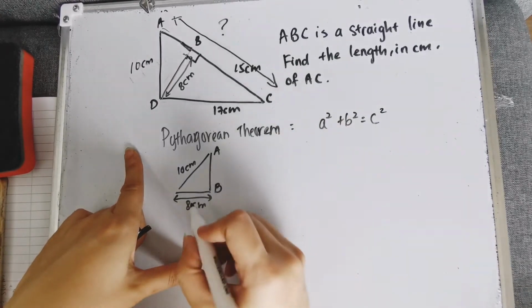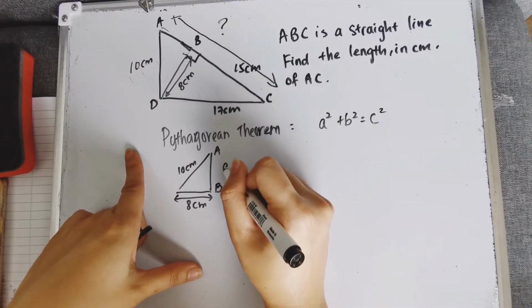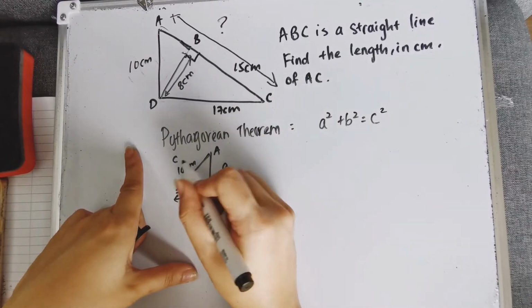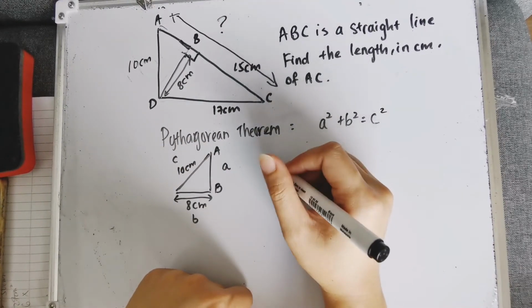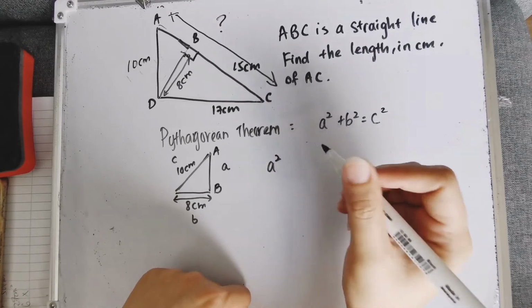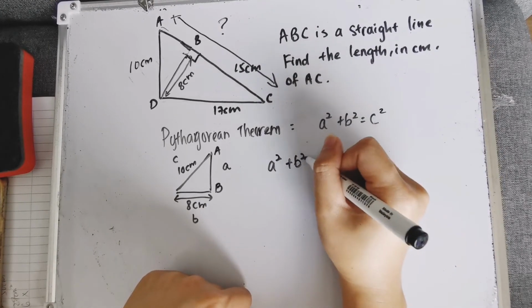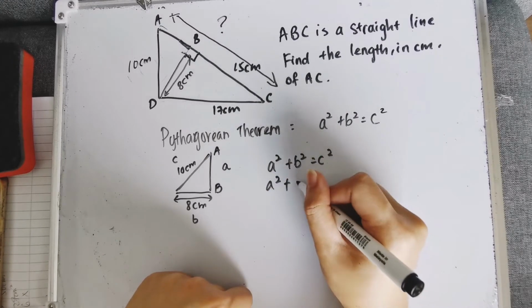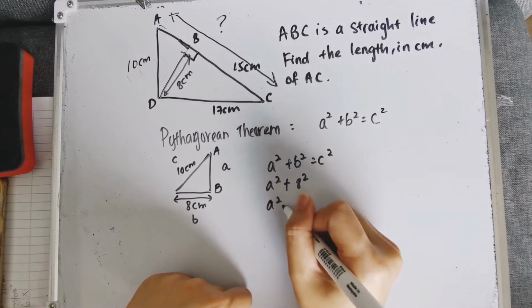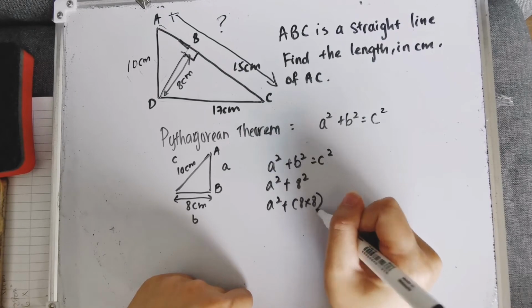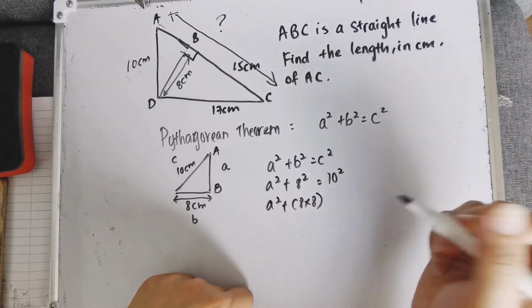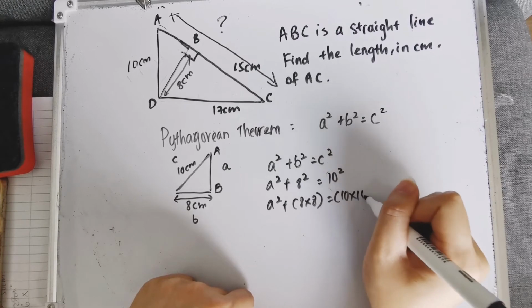Again, we mark this as A, this is B, this is C. The sliding side is C. So again, I don't have A. My B square is 8 square, so 8 times 8. My C square is 10 square, so 10 times 10.